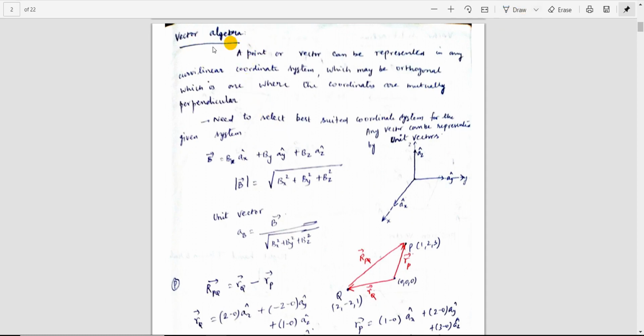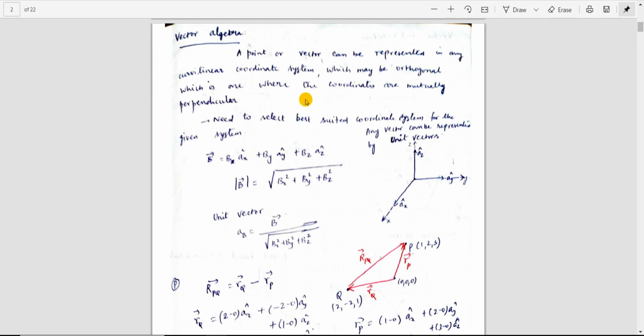vector. Before going into details of the vector algebra, I am going to define what is the orthogonal system. So orthogonal system means a vector can be represented in any curvilinear system or a Cartesian coordinate system, which may be orthogonal, which is one where the coordinates are mutually perpendicular.